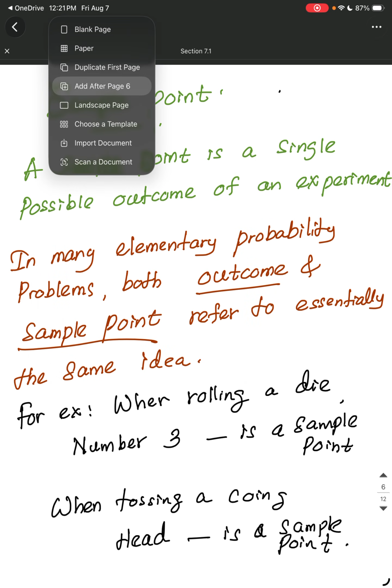Next, sample space. So now we collect all possible outcomes together. The set of all possible sample points is called the sample space.